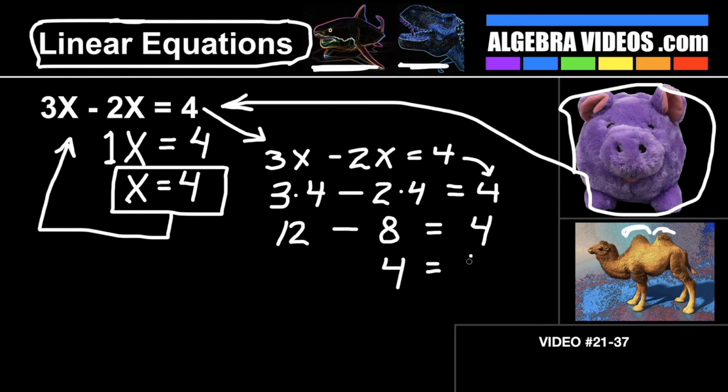And on the right side, once again, just still rewriting 4. Well, look at this. Now we have an equation that says 4 equals 4. So when we plugged in x equals 4, it checked out. Everything worked. It stayed equal. And that tells us that our solution of x equals 4 was correct.